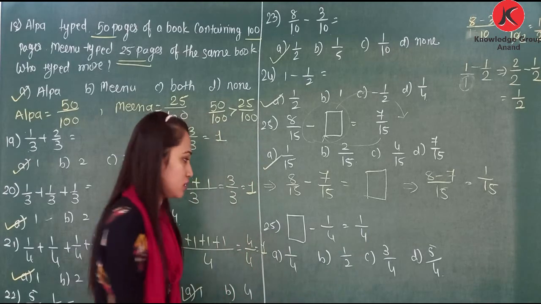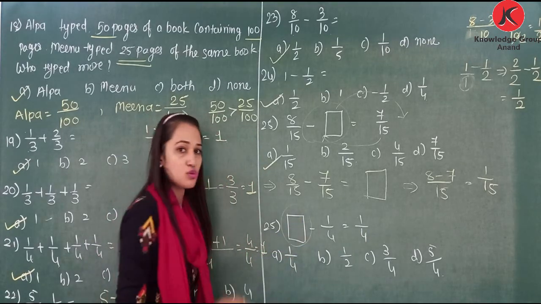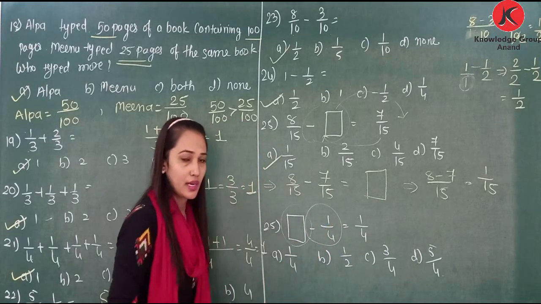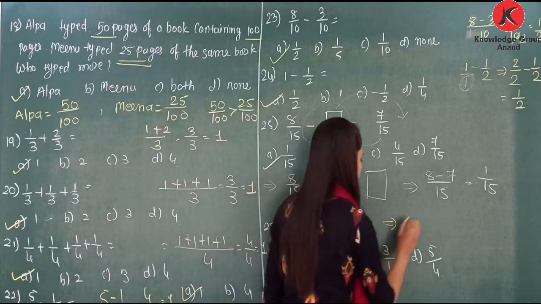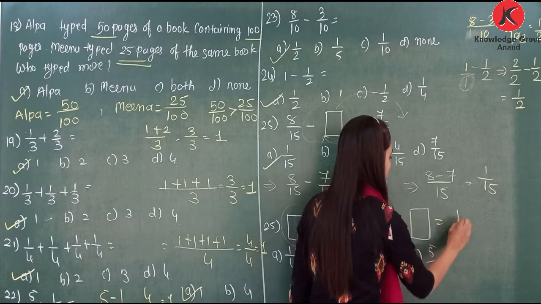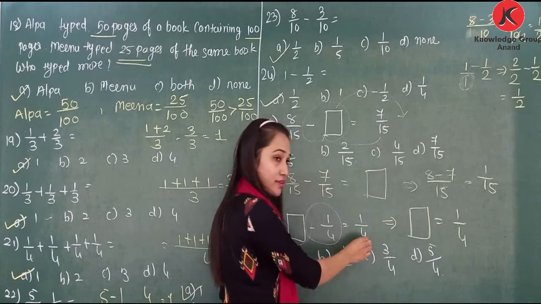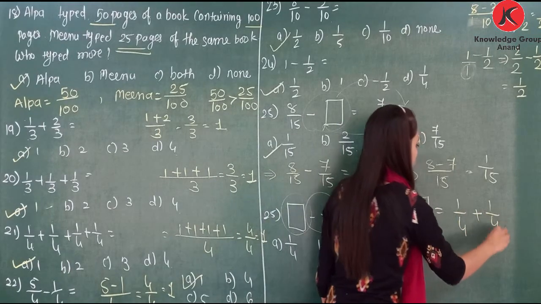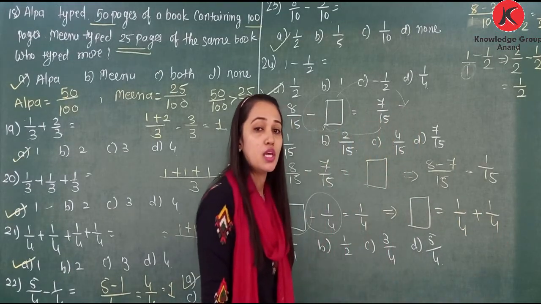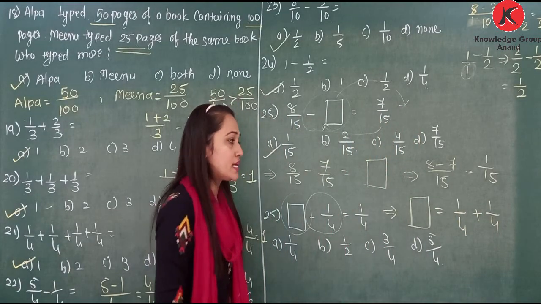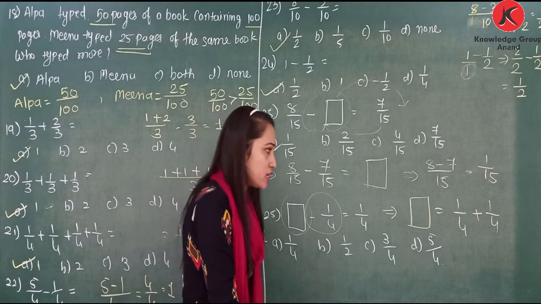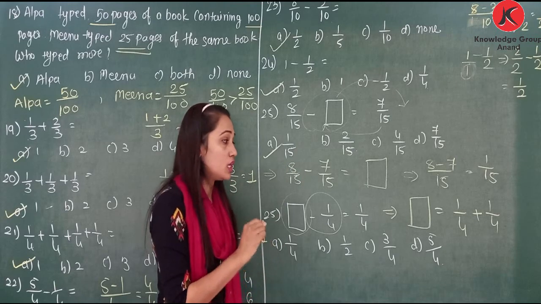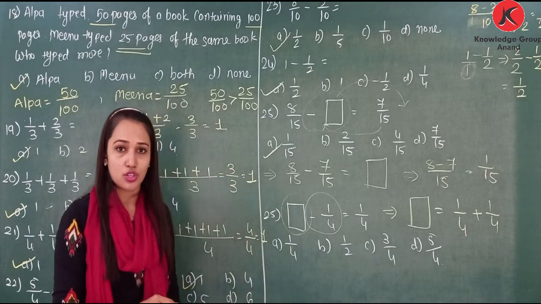Next, blank minus 1 by 4 is equal to 1 by 4. Now here, this is already positive, so no need to move. Take this minus 1 by 4 to the right side, so we get blank is equal to 1 by 4 plus 1 by 4. Here we have 1 by 4. Take this minus 1 by 4 to the right side, it becomes plus, using the inverse operation. If we take something that is in addition on the right side to the left side of the equal sign, it is subtraction.